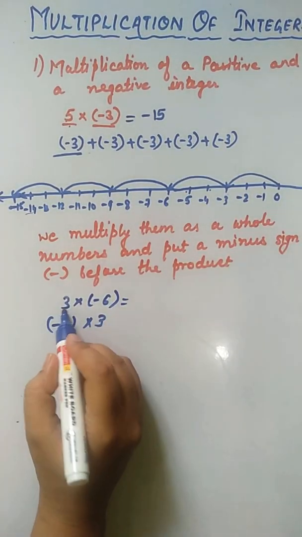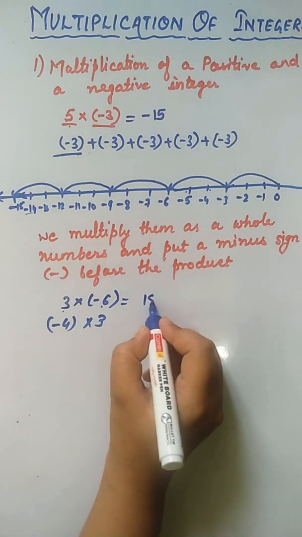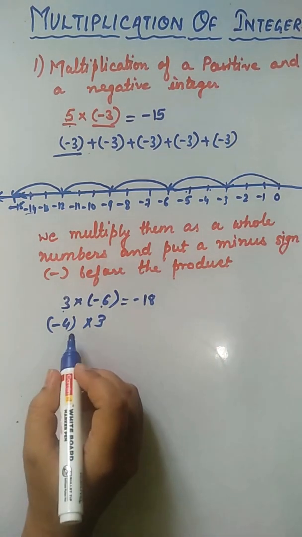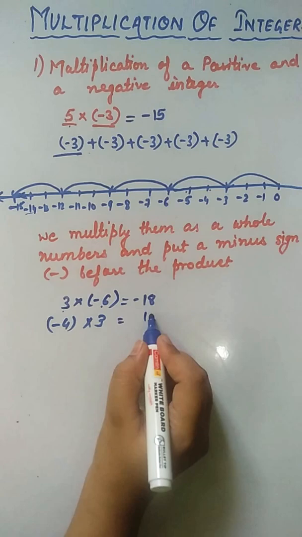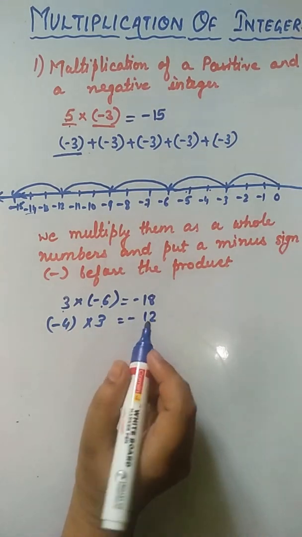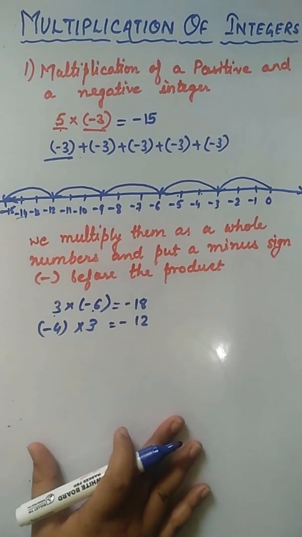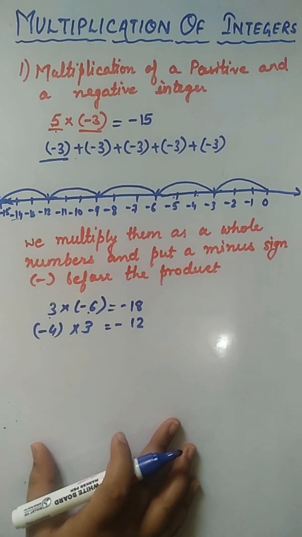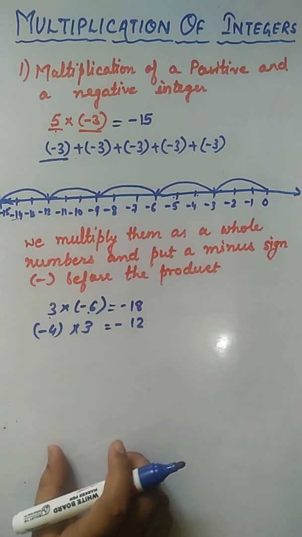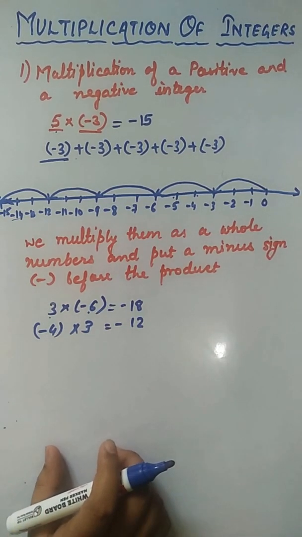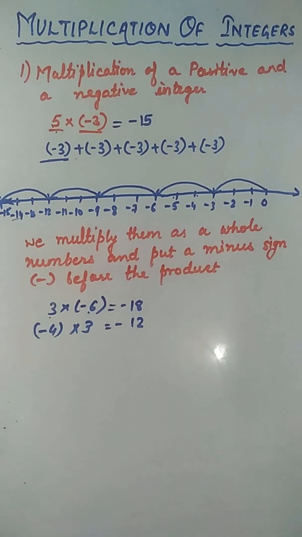So whole number means 3 sixes are 18 and then we put a minus sign. 3 fours are 12 and again we put a minus sign. So this is the first rule, multiplication of a positive and negative integer. Note this down in your copy.